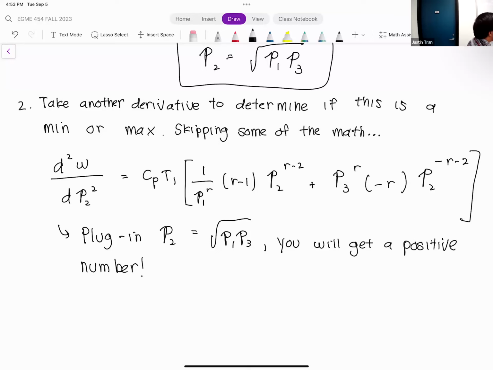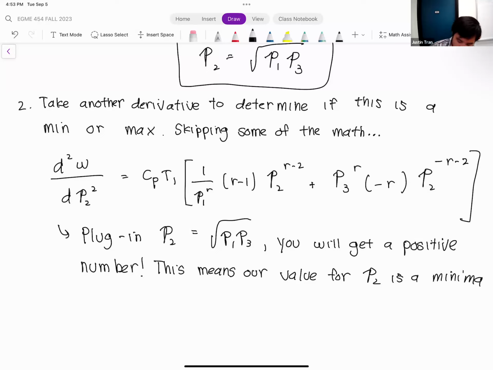Since we got a positive number, this means that our value for P2 is a minimum. So that's good. That means we're not maximizing our work, we're minimizing.